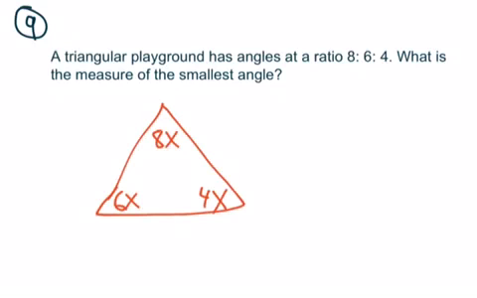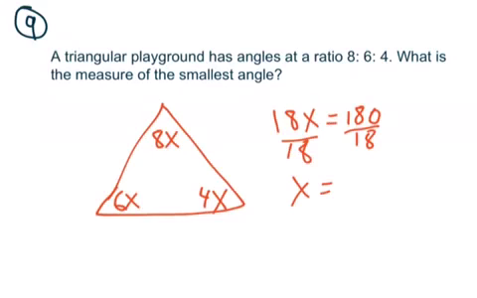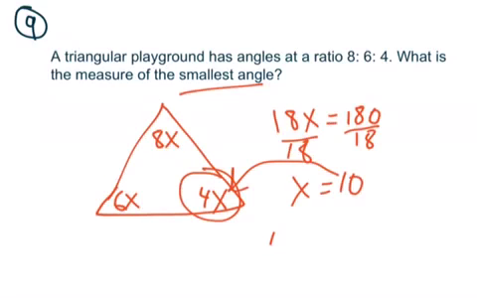So 8x plus 6x plus 4x, if you add those together, you'll get 18x equals 180. Divide by 18, and you get x is equal to 10. Okay, so since x is 10, we're looking for the measure of the smallest angle. Smallest one would be 4x. Fill in 10, and you get 40 degrees. So that's the smallest angle.